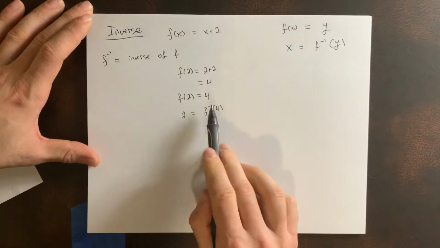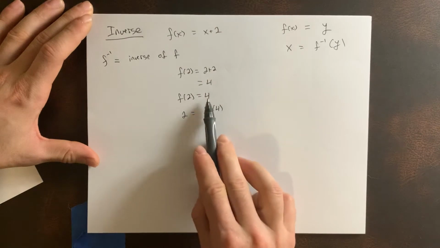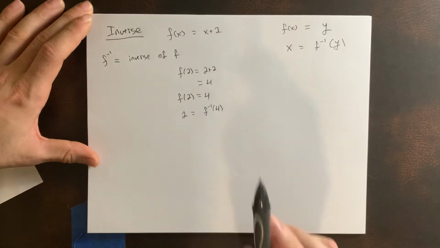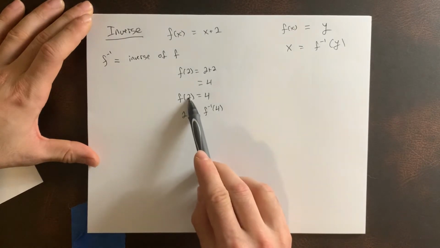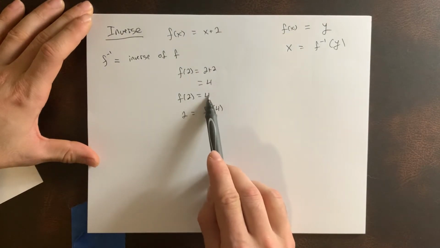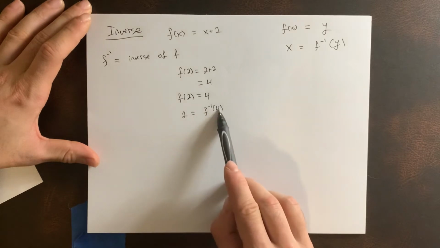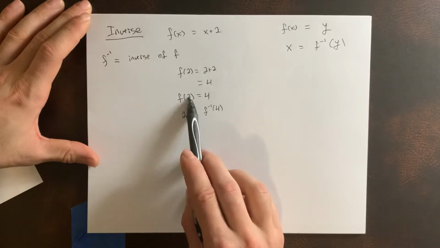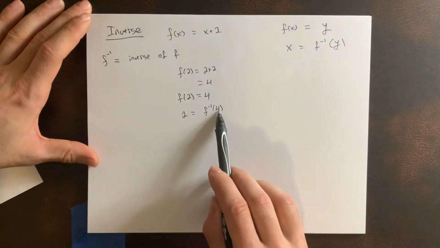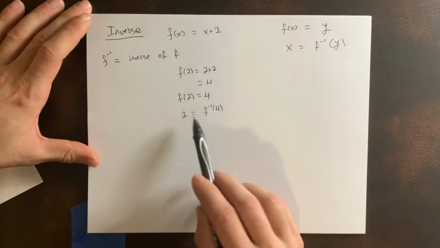So if we were able to find the f inverse function and we plugged in 4, we would get 2. Again, the number that we're finding here is the number that you plug into the regular function to get this output. So in order to get an output of 4, we need to plug in 2 to our original equation. You see here, we plug in 2, we get 4. So in order to get 4, you would have to plug in 2.